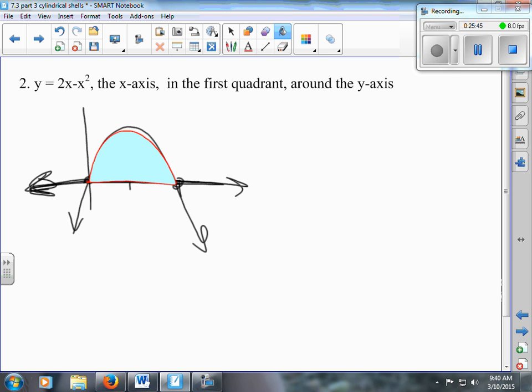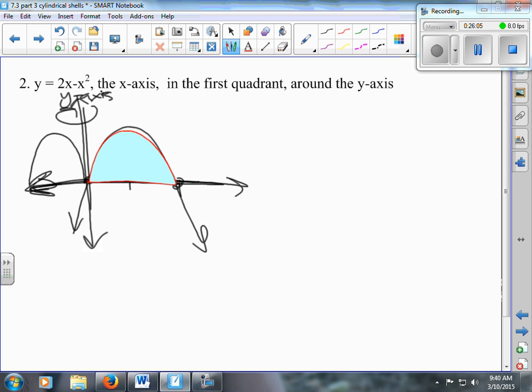Okay, which line are we going around? The y-axis. Here is the y-axis. I'm rotating around it. And so I'm getting a bundt cake if my hole had a diameter of 0 once I rotate this. When you rotate this, you get the bundt cake.